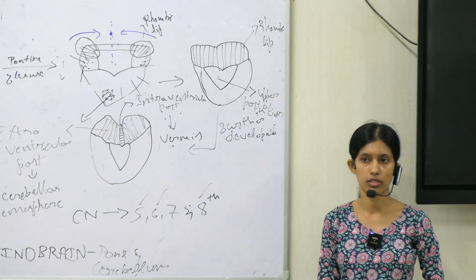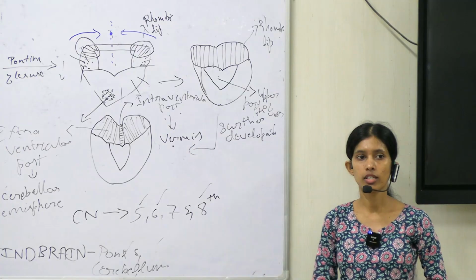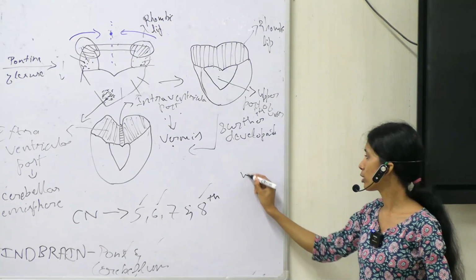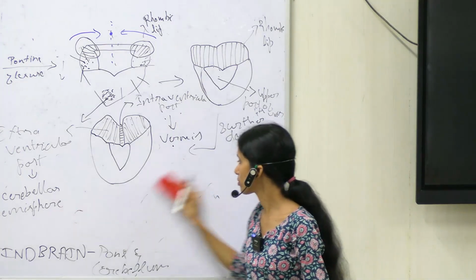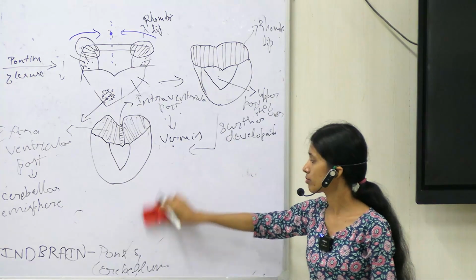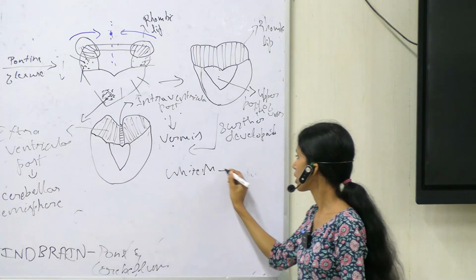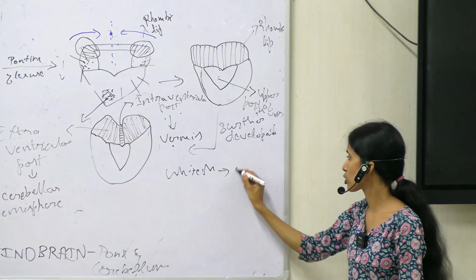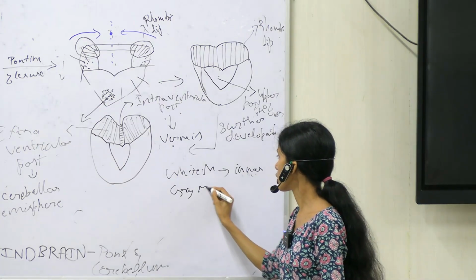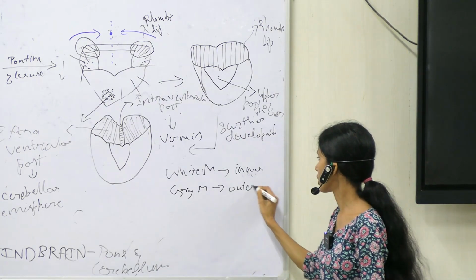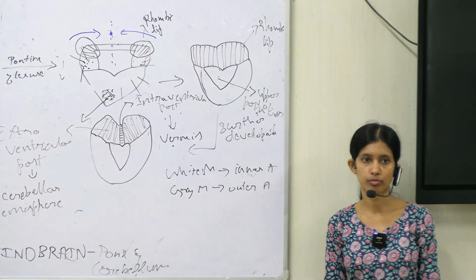cerebellar hemispheres. Okay, so if you see the structure of your cerebellum, the white matter is present in the inner aspect, and your grey matter is present in the outer aspect, right?